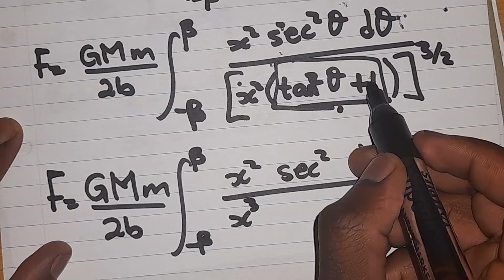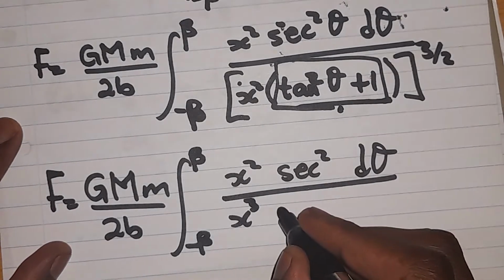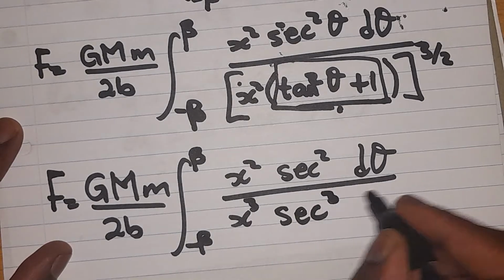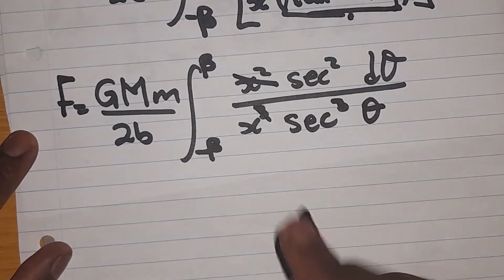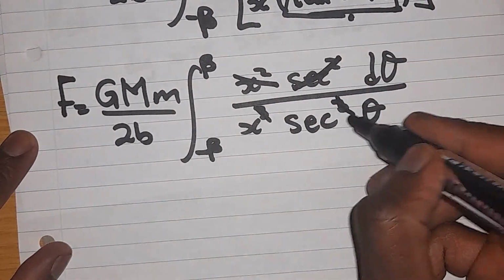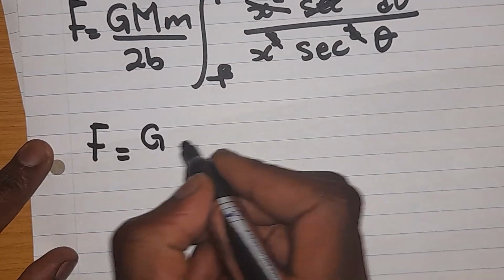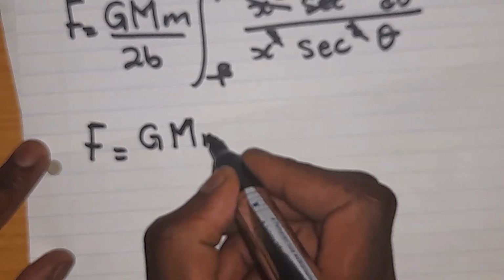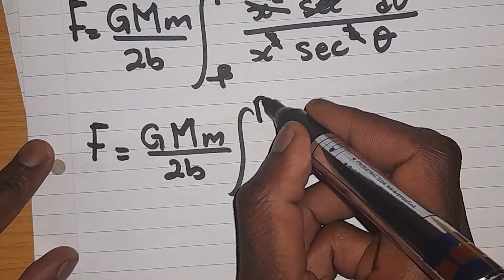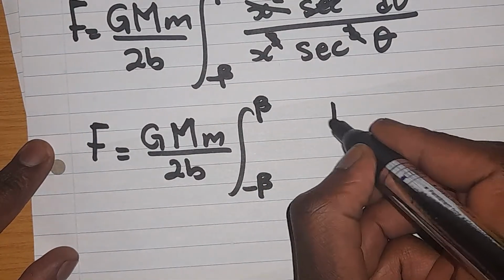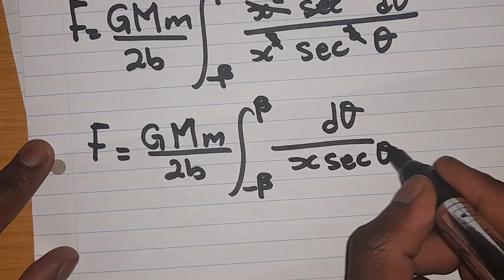Tan squared plus 1 is sec squared. The squares will cancel, still leaving sec cubed theta. These will cancel, leaving x, and these ones will cancel, leaving sec. Then we'll have F equal to G capital M small m all over 2b, the integral from negative beta to beta of d theta all over x sec theta.